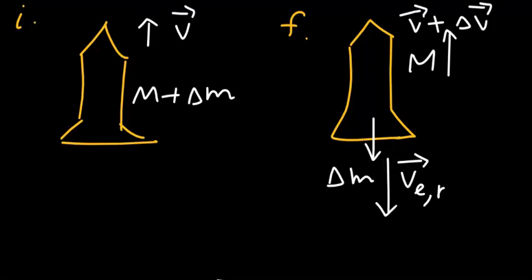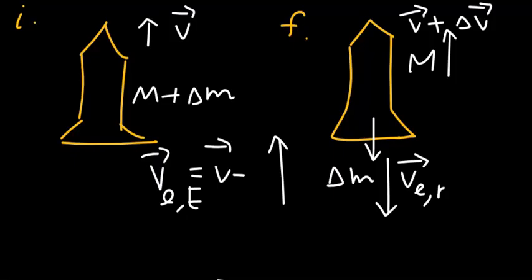The same exhaust gas has a slightly different velocity with respect to us, or with respect to Earth, and it's going in an upward direction. That velocity of the exhaust gas with respect to Earth is quite simply the velocity of the rocket minus the velocity of the exhaust gas with respect to the rocket. And we note that that direction is upward.